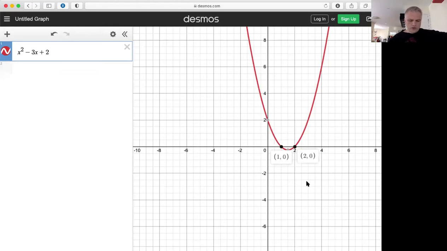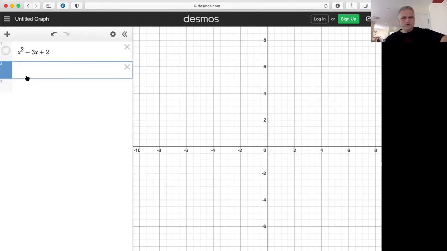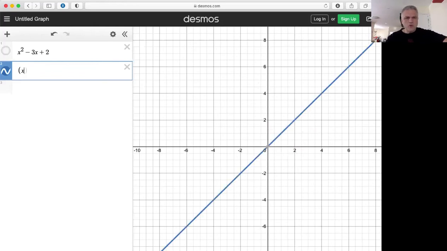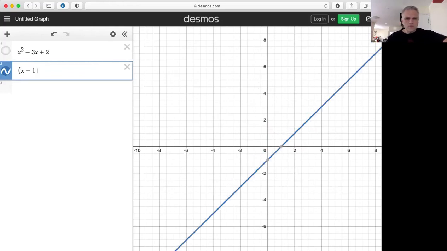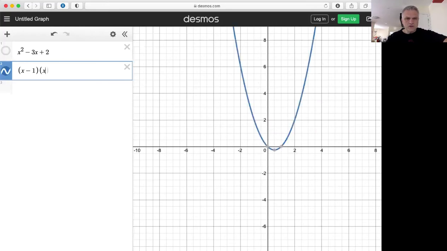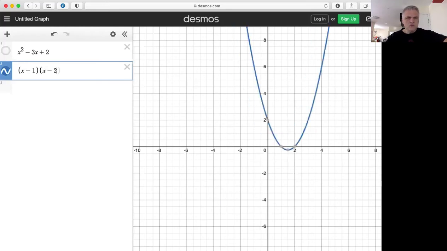Now, I want you to look on the right side here. It says x minus 2 and x minus 1 are factors. So I just want to do one thing here. Check this out. I'm going to say x minus 1 times x minus 2. Now, is it the exact same graph? Yes, it is. It's identical.